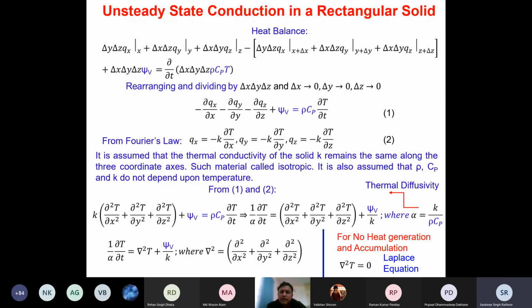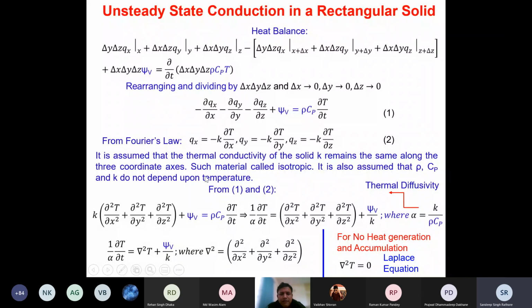So this is a generalized equation for a flat slab, because all possibilities have been included, except that we assumed ρ, Cp and K are not functions of temperature. We have used only these assumptions: ρ, Cp and K are not functions of temperature, and the material is isotropic. Other than that, this is a generalized equation for a flat slab.